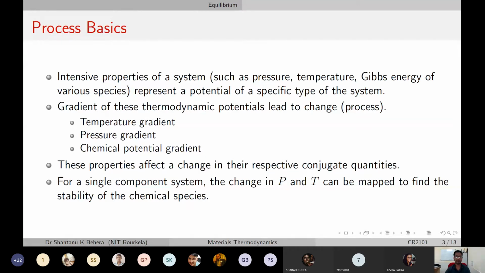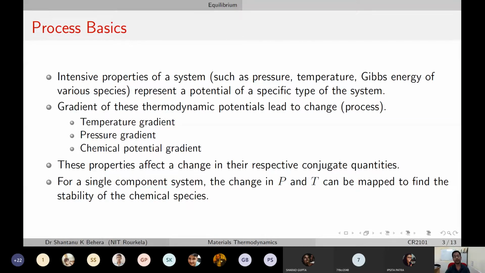For example, you can have solid water, that is ice, and you can have liquid water, and then you can also have steam. So the idea that we're trying to build upon is: what are the different variations in pressure and temperature that can give me the coordinates of stability of either water or ice or steam?